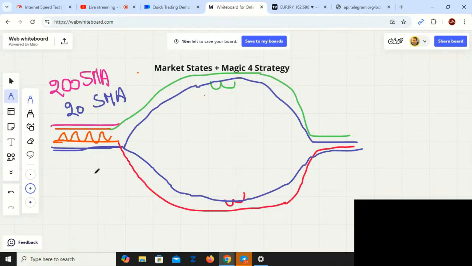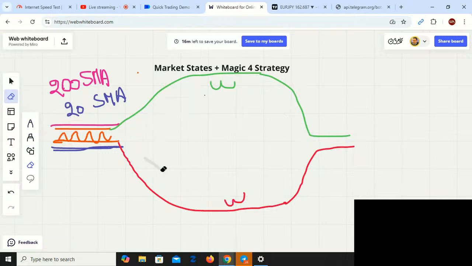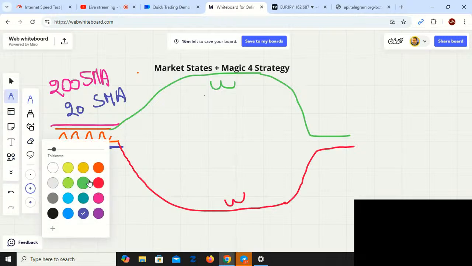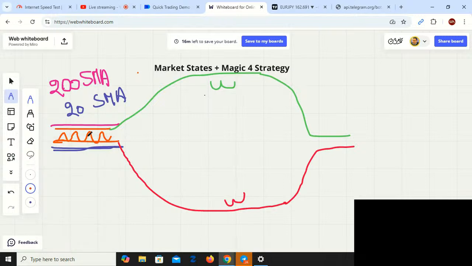Perfect. So we have our three states of the market. There's no other options, guys. The market can do only those three things. You have your narrow state over here, goes up and goes back down to another narrow state.